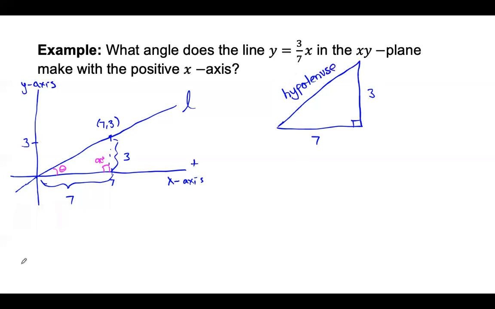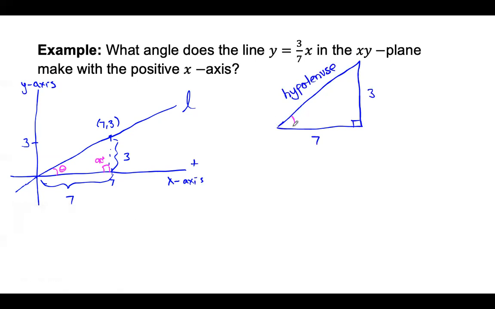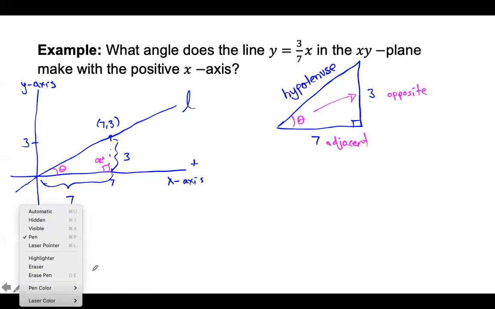Our angle theta, directly opposite it, let me write it down, is the 3, and adjacent is the 7. So we can find this angle clearly.